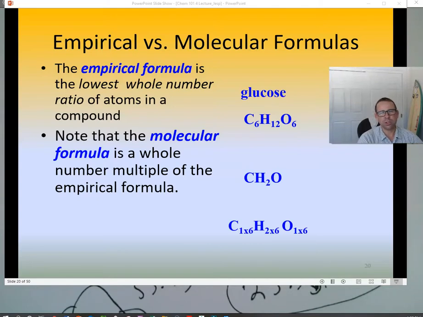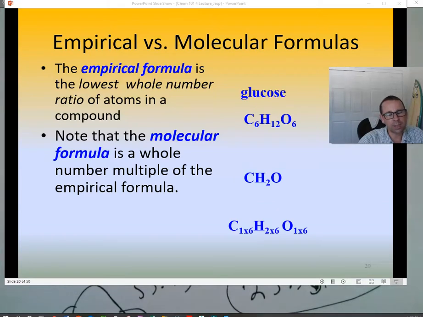And I'm going to introduce to you a new concept called the empirical formula for a compound. The reason why is that when you use analysis of materials to find out the amount of the different elements in a material, in the end you get what's called the empirical formula.